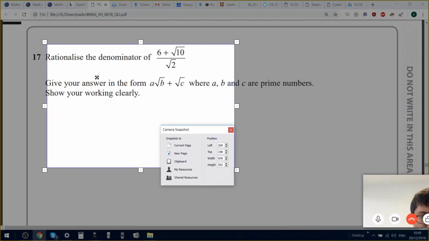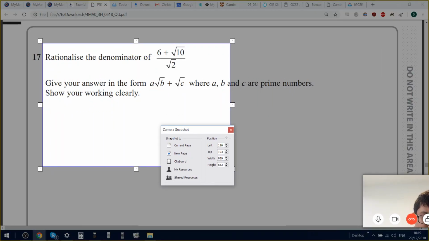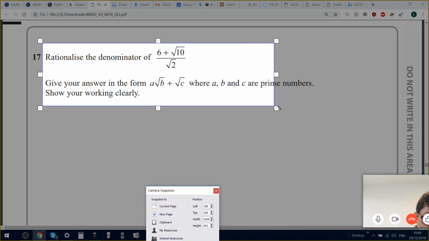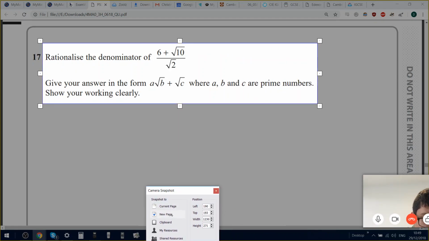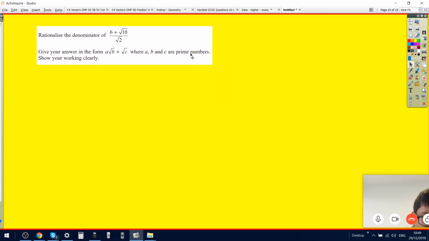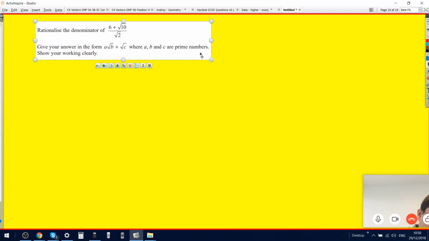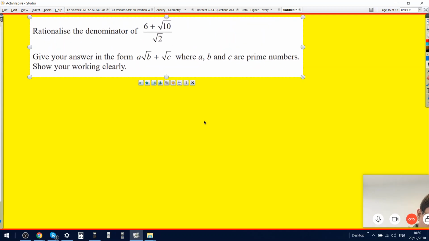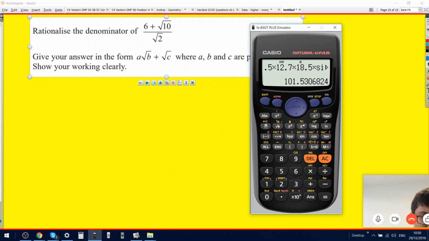So we have to get root 20 as 4 times 5, so 2 root 5 over 2, giving us 3 root 2 plus root 5.